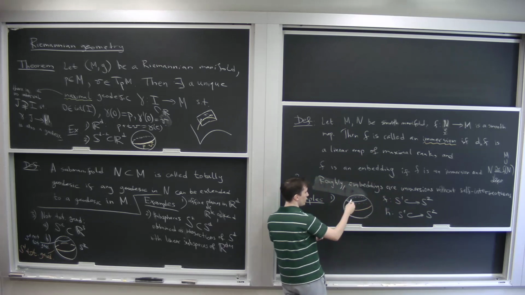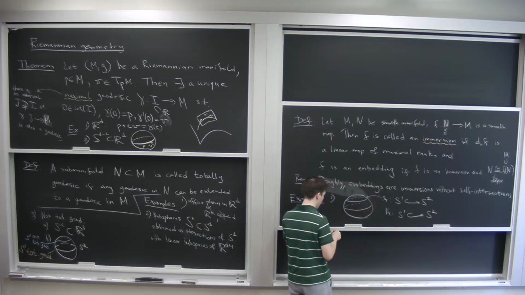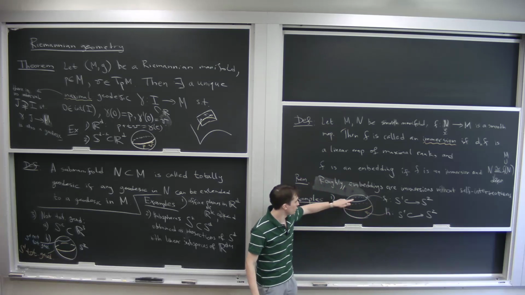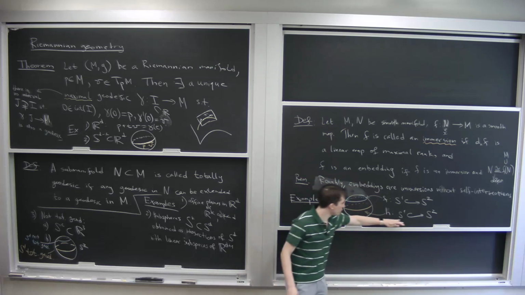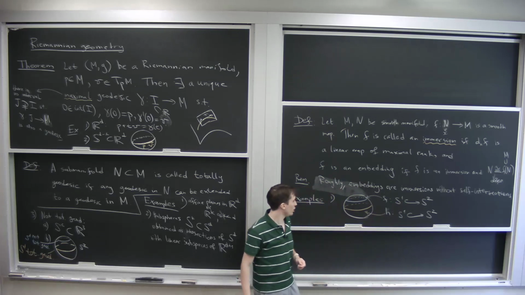This one is the blue one, and here is the orange one. This one is a totally geodesic embedding. This is not totally geodesic, but it's still a submanifold, which is S1, right?